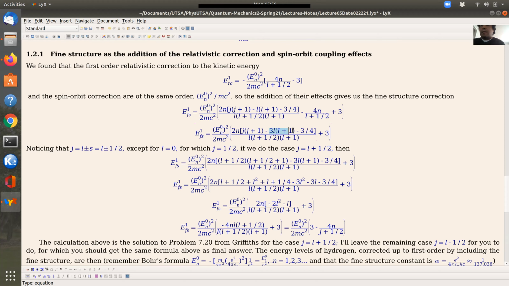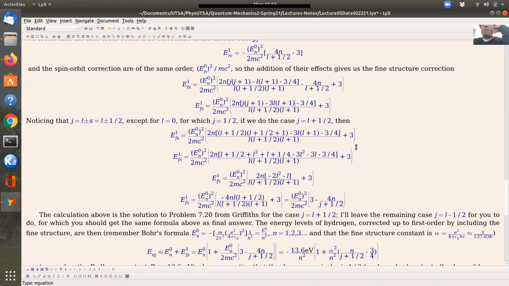So far it looks like a long formula, but you have to use another fact, which is part of the hint in a problem of Griffiths. So I have done half of the problem for you in the lecture notes, and I'll leave you the second half, which is less work, especially because I have shown you how to do the computation in this part.